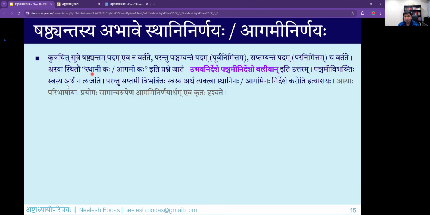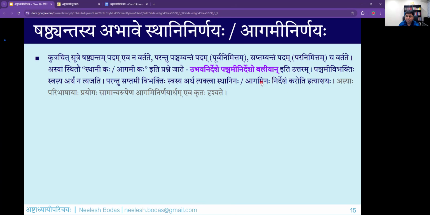So Panchami Vibhakti swasya artham na tyajati. Saptami Vibhakti swasya artham ityukte paranimittam iti artham tyaktva sthaninah nirdesham karoti. Agaminaha nirdesham karoti. And this kind of conflict between Panchami and Saptami, you typically see to indicate an agami, the place where agama comes.